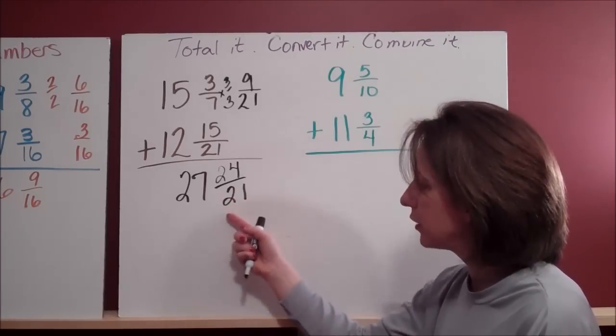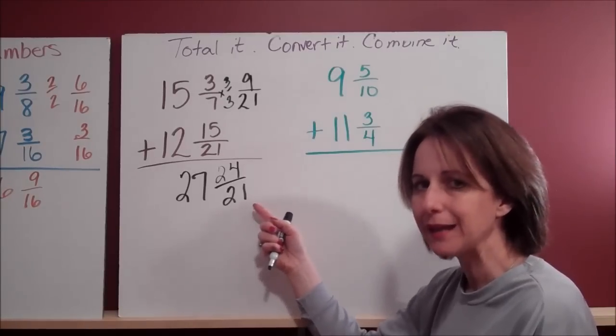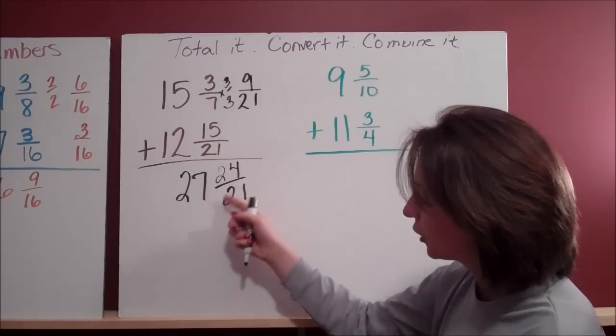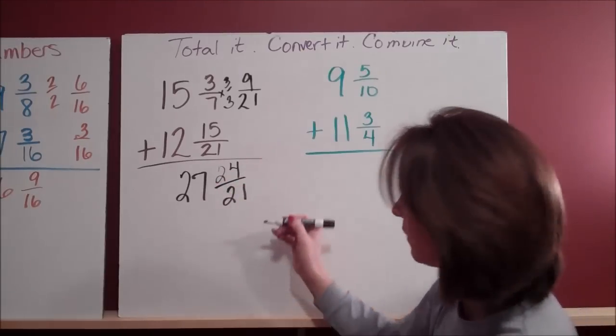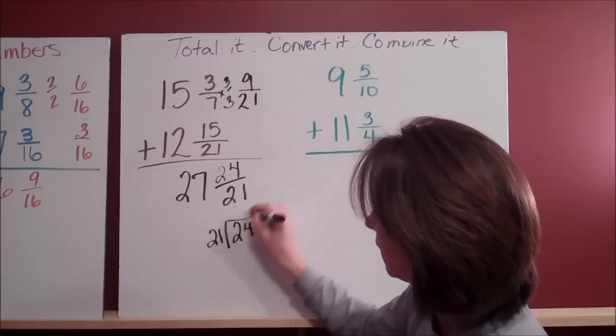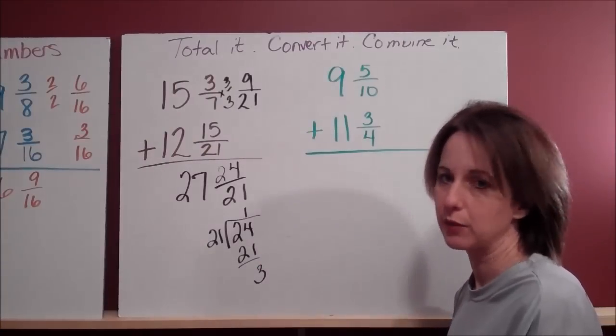Well, because it's called a 21st, I need 21 of them to make a whole. So I have to turn this into a mixed number, which means 24 divided by 21 is 1 and 3/21s.